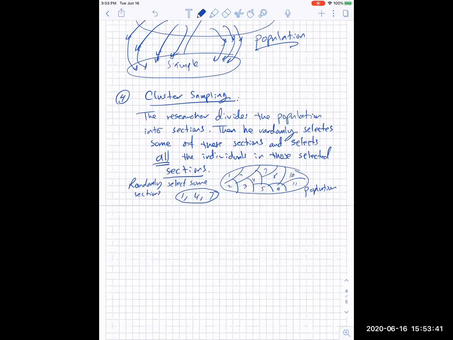Convenience means that when you collect data, you give the survey to your relatives, to your friends, to your brothers and sisters. So the sample that you get does not represent the population. This is called convenience sampling, and it will give us a biased sample.